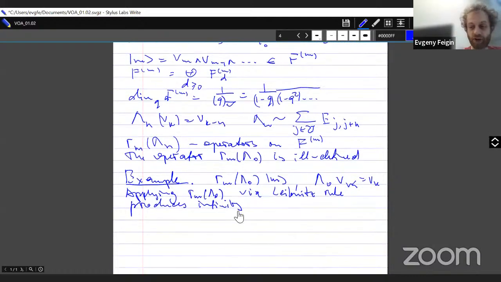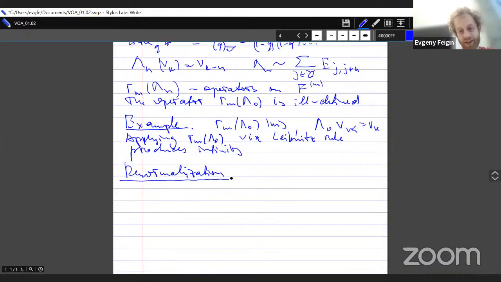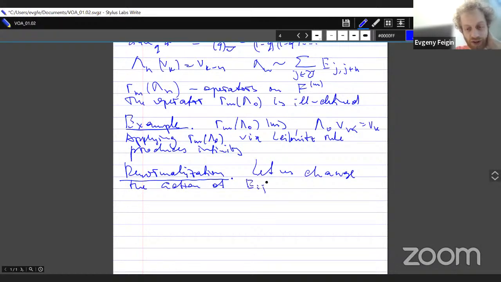So we have to somehow renormalize. Let us put the following renormalization: let us change the action of E_{ij} on V as follows.